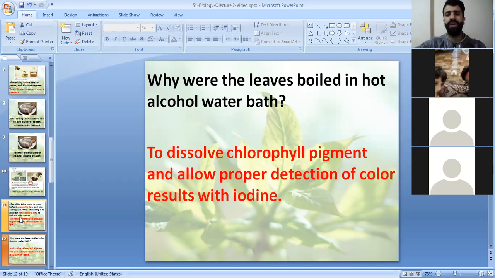The blue of the iodine test mixed with the green would give another result and may cause confusion. So we immerse the leaf in a hot alcohol water bath to remove the green color, and then we add the iodine solution. If it gives a dark blue color, it means that we have starch.